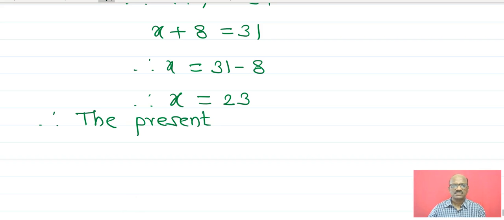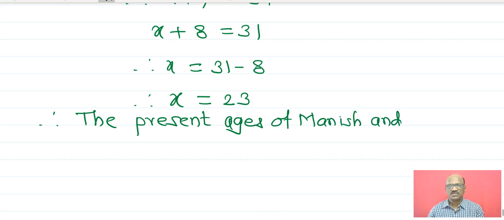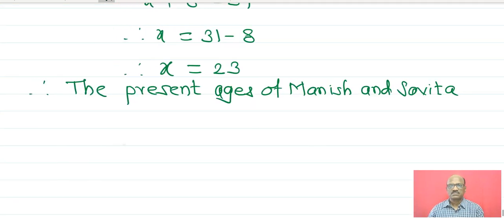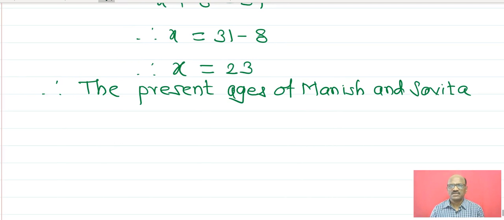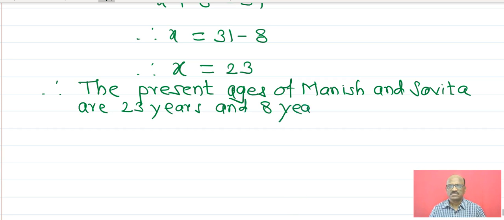Now next, therefore the present ages of Manish and Savita are 23 years and 8 years respectively.